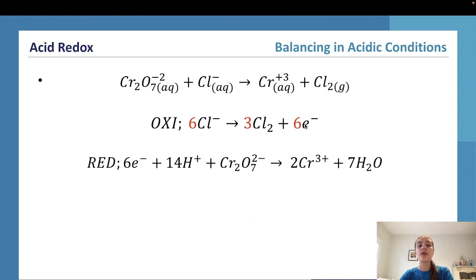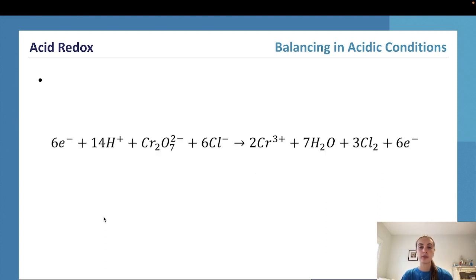Now that we've got these fully balanced, we can take all of the reactants and put them on the reactant side, and all of the products and put them on the product side. So we get 6 electrons plus 14 H+ plus dichromate ions plus 6 chloride ions makes 2 chromium ions plus 7 H2O plus 3 Cl2 plus 6 electrons.